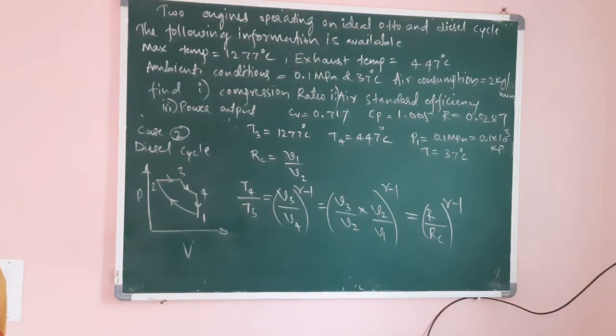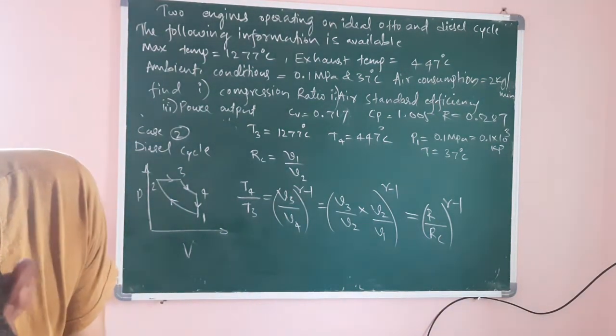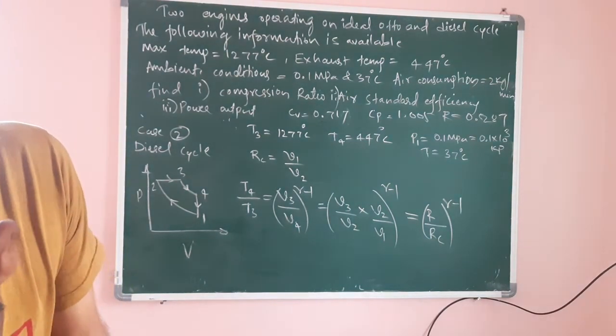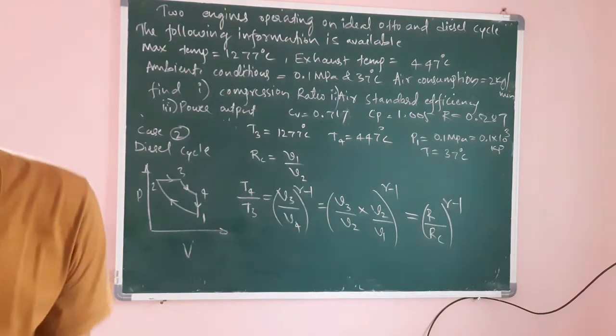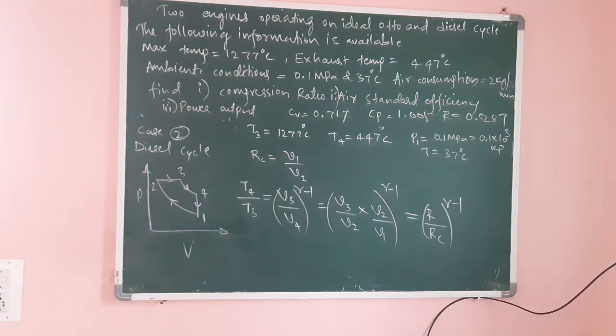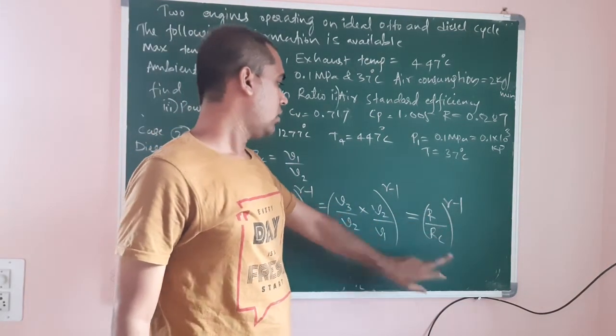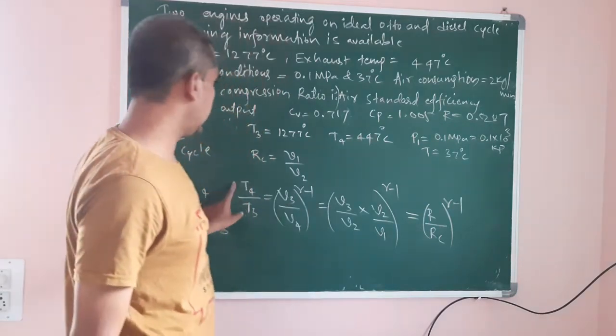Now we have to calculate r and rc values. We know T1, we have to calculate T2. Here we neither know r nor rc, but we know T3 and T4.